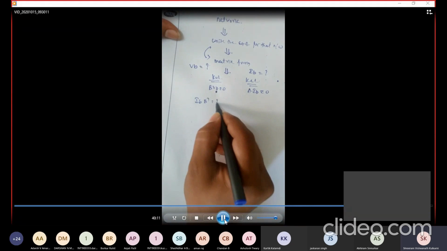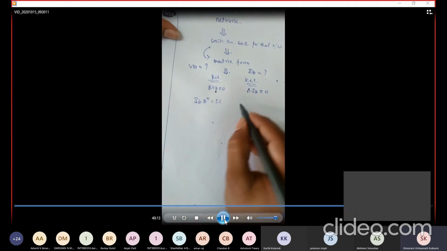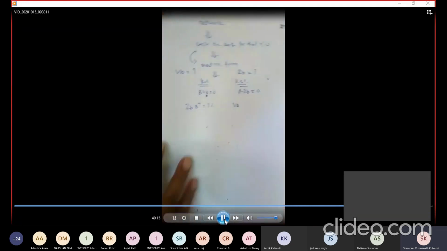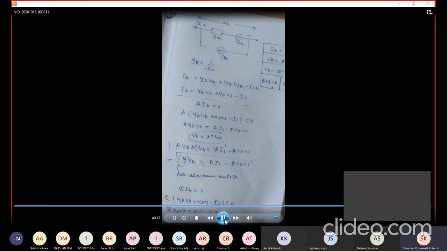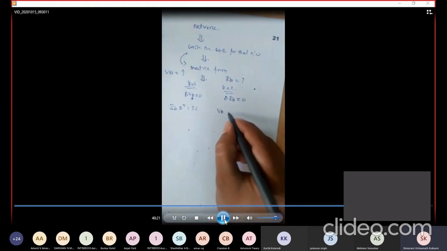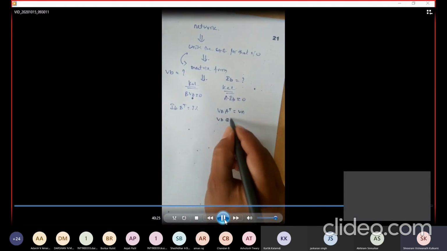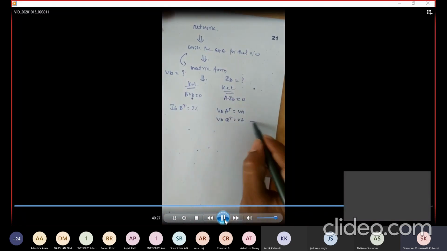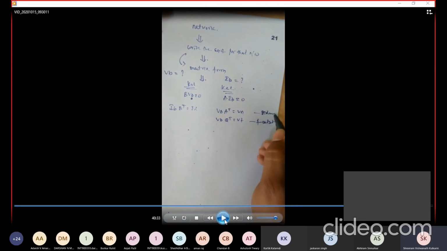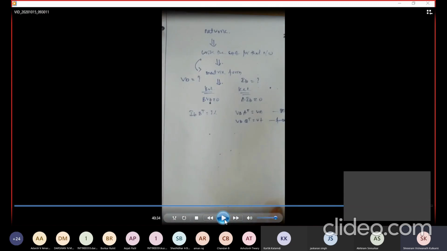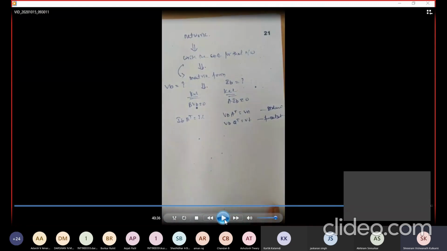Then Vb equals A transpose Vn, Vb equals Q transpose Vt. This is for the fundamental cut set, and this is for incidence. Okay, this is the conclusion.